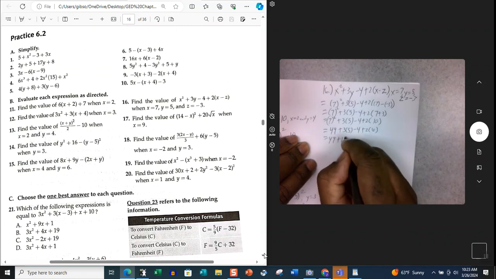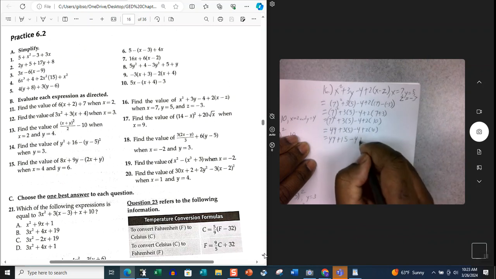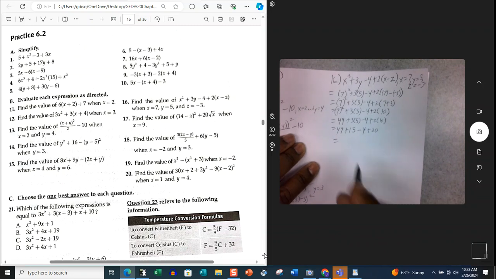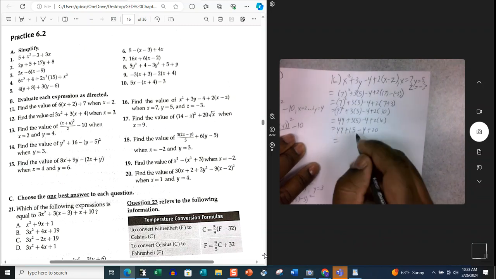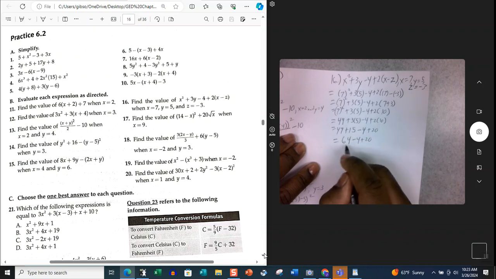So this will be 15. 3 times 5 is 15. Minus 4 and 2 times 10 is 20. Now we just have addition and subtraction. So we'll just add and subtract going from left to right. 49 plus 15 is 64. Minus 4 plus 20. 64 minus 4 is 60. Plus 20 is 80.